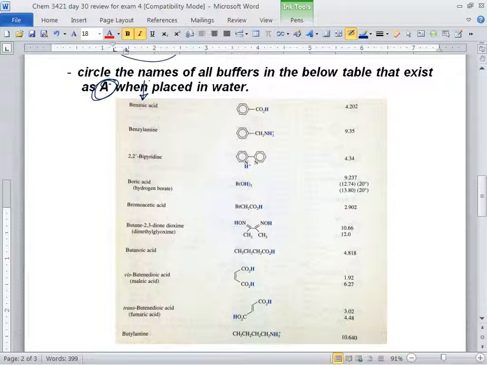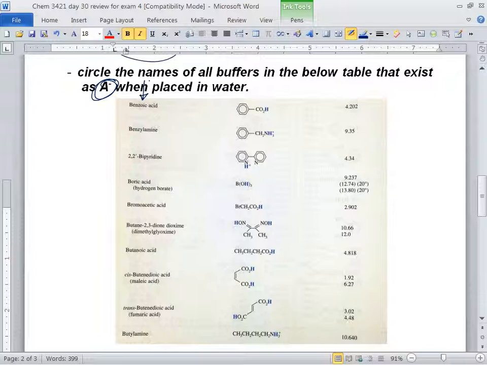I never trust myself, but now I finally got to the point where I don't even have to look. I trust it. The name's acid. But I look anyway. There's no plus on it. If there's no plus on it, that is the neutral form. So don't circle this one. That's conjugate acid. Okay, Brandy, you're next.